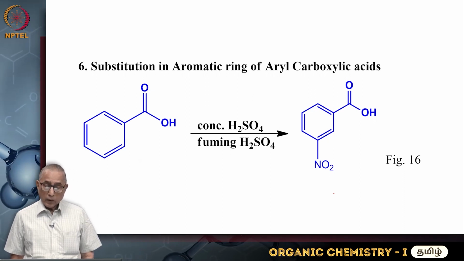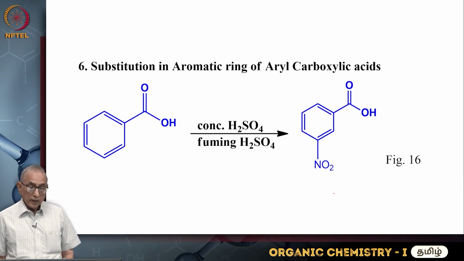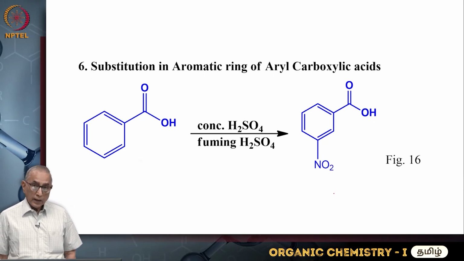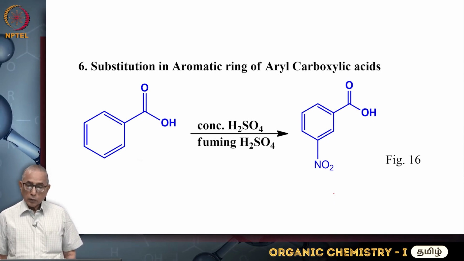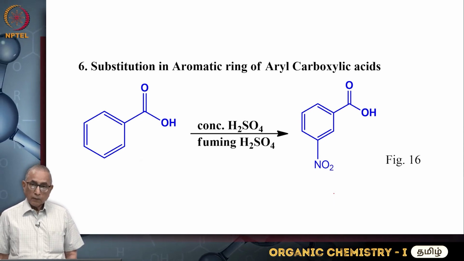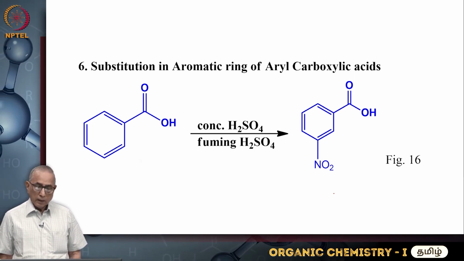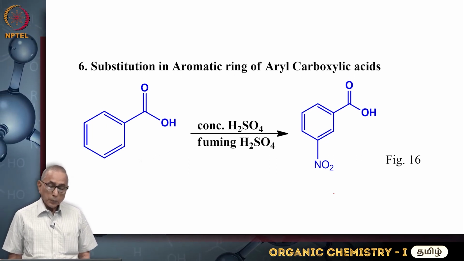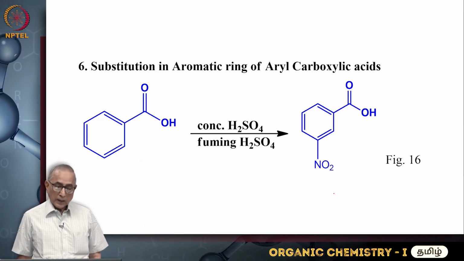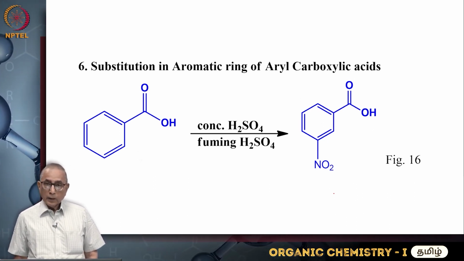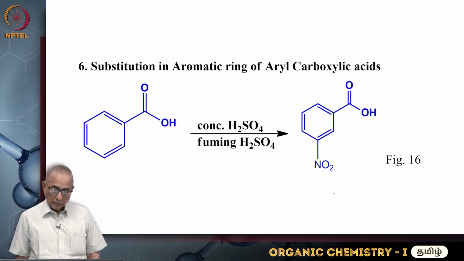The ortho para orientation takes place when the benzene ring is substituted with an electron donating group like methyl group, OH group. Other groups of this type are the acetamino group, NHCOCH3. All these groups which push electron into the ring will make it easy for NO2 plus, the electrophile, to attack the benzene ring in the ortho and para position.